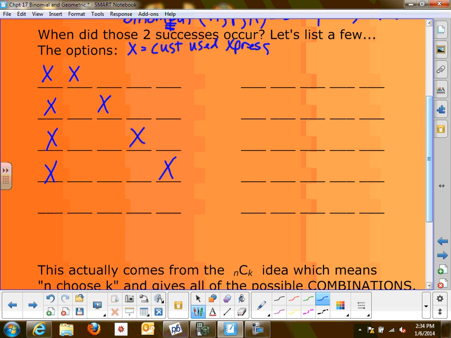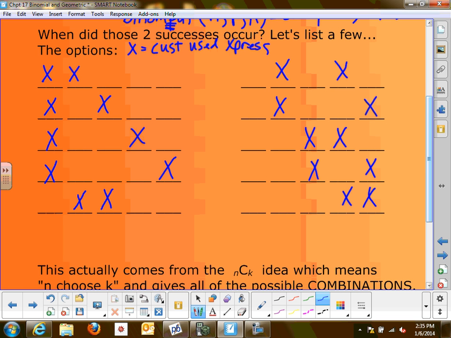Okay, now, where would I probably go next if I was doing these different combinations? Second and third, and then second and fourth, and then second and 5th. So I'm now up to third and fourth, and then you actually have run out of room on the bottom of your page, so you might have to just kind of throw that down there. Third and 5th, and the last one is 4th and 5th.